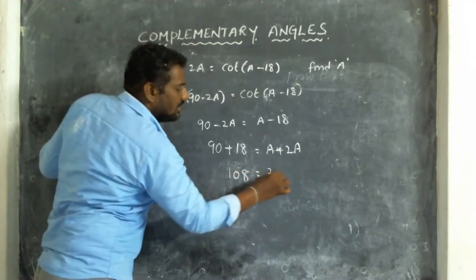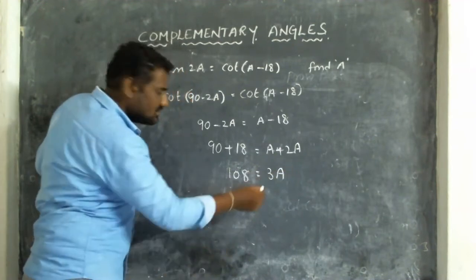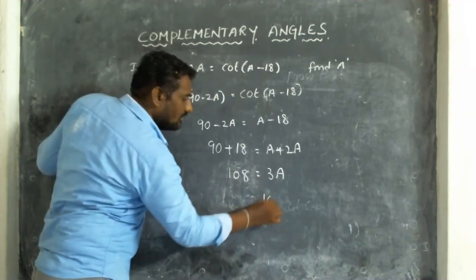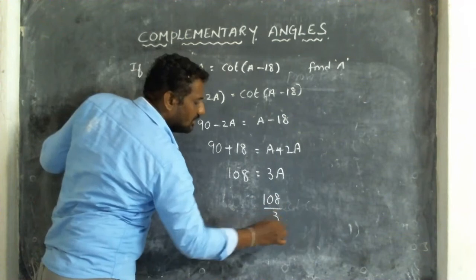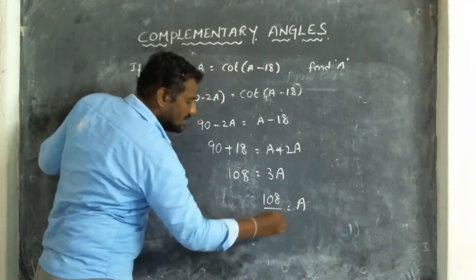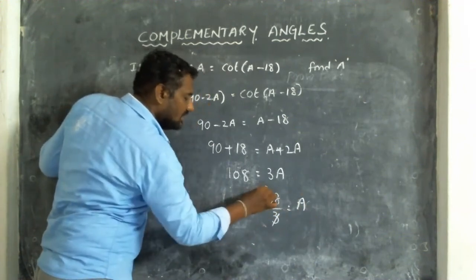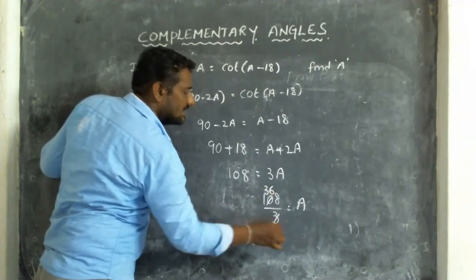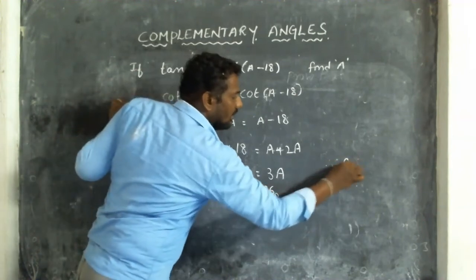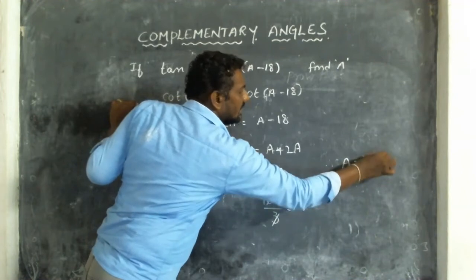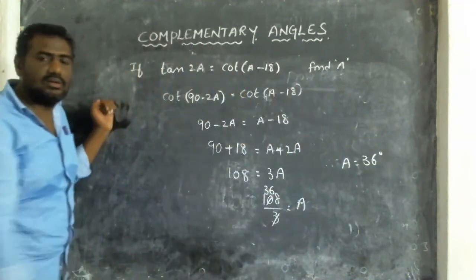A plus 2a we can write it as a 3a. Take this 3 to the denominator of 108. We can write 108 by 3 equal to a. 3 3s are 9, 1 8 18, 36. So finally a equal to 36 degree.